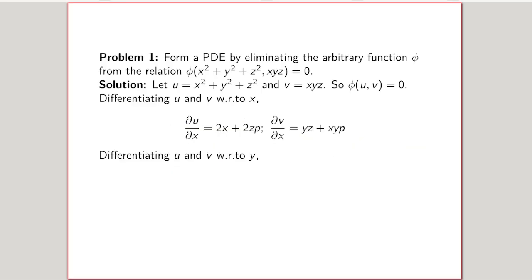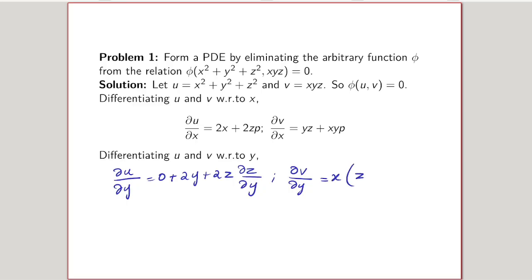And next, differentiating u and v with respect to y. We will be getting dou u by dou y will be 0 plus 2y plus 2z into dou z by dou y, and dou v by dou y is nothing but, you have to keep x outside, so it will be z plus y into dou z divided by dou y.